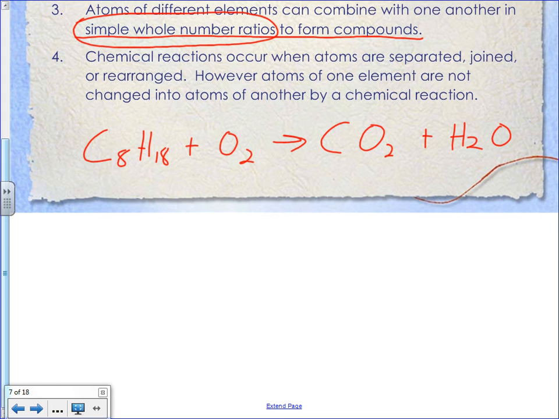When your car burns gas, it produces two things, carbon dioxide and water vapor. Over here, I started with carbon, hydrogen, and oxygen, and over here, I have carbon, hydrogen, and oxygen. I don't have any new elements. The reaction didn't produce new elements. It produced new compounds.